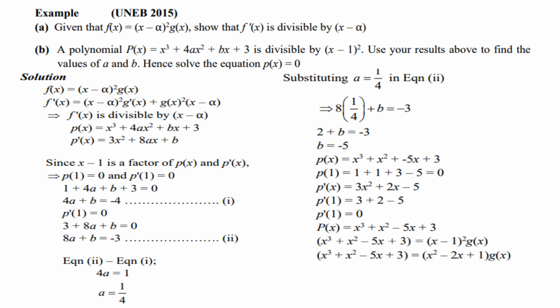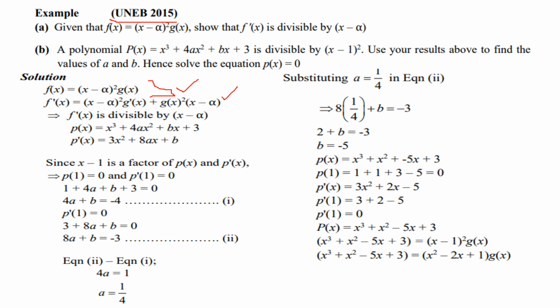So you have looked at another example of a repeated factor, which is a UNEB question. So you go through the question. Now you're given a polynomial g of x, and you're being told it's a repeated factor. Whereas when you're given a repeated factor, you first state down the function and its derivative. And then if it's a repeated factor, always you equate the divisor to 0.